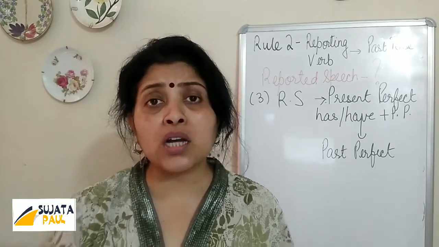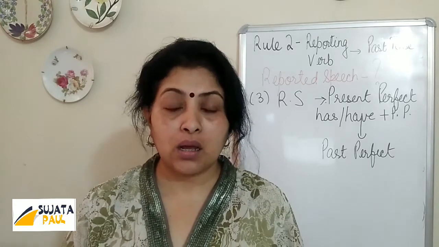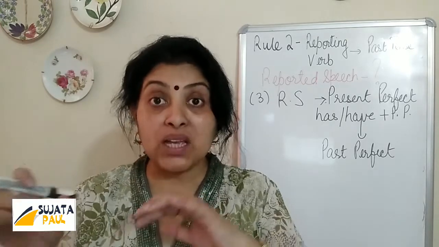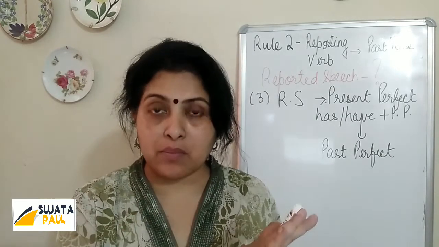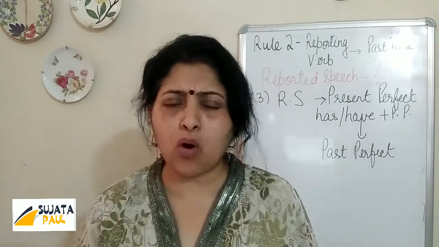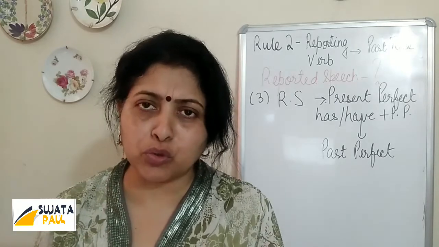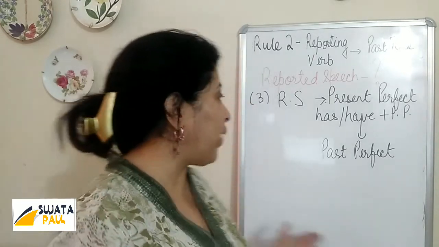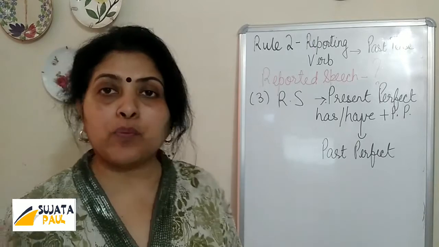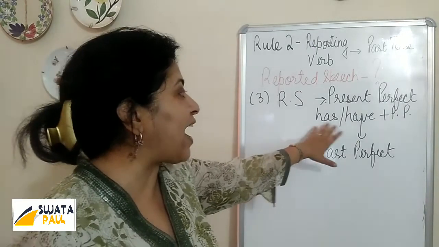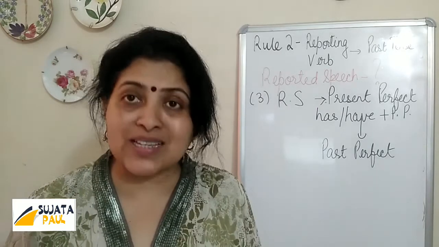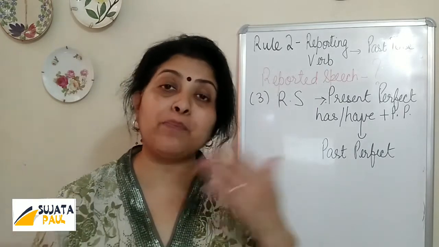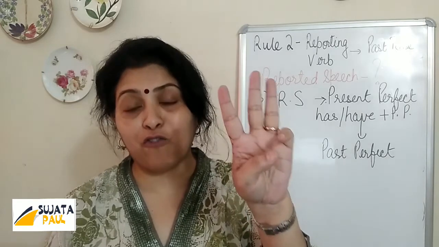Just remember this: work, worked, worked. But come, came, come. Some exceptions are there. Most of them are very simple to remember. So when I am talking about present perfect, I will always have has and have, and with has and have you will not have the present tense or the past tense, you will have the past participle, that is the third form.